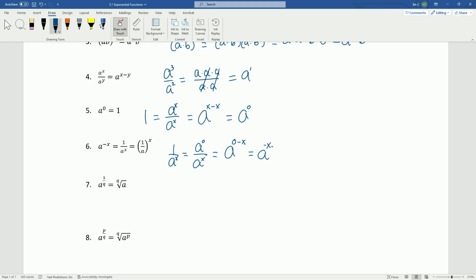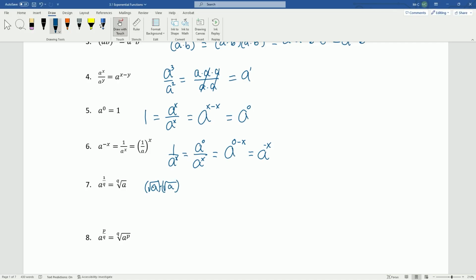Okay, number 7. Here we've got a to the 1 over q equals the qth root of a. So let's take a look at the square root. Right? With the square root, there's implicitly a 2 here. We just don't write it. So we've got the square root of a. And the definition of the square root says the square root is the number that multiplied by itself equals what's inside.